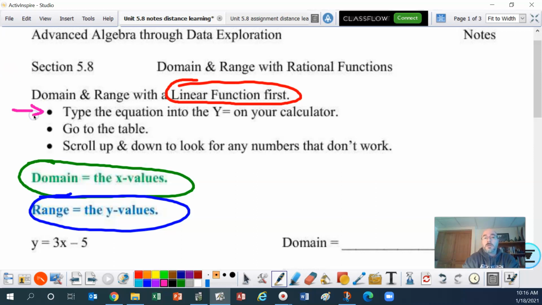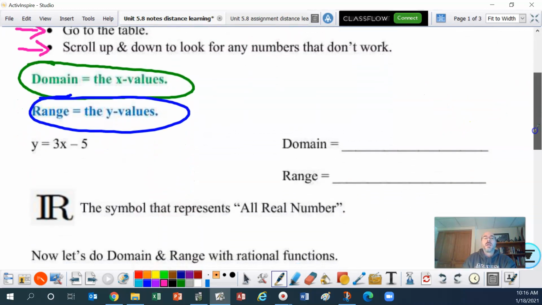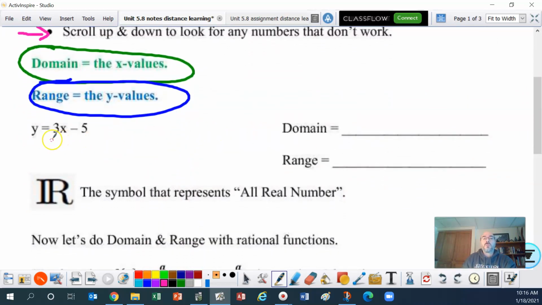We're going to type the equation into our y equals on the calculator, then go to the table, and scroll up and down a bit to look for any numbers that don't work. It'll be obvious when they don't work. All right? So let's put this 3x minus 5 into our calculator.